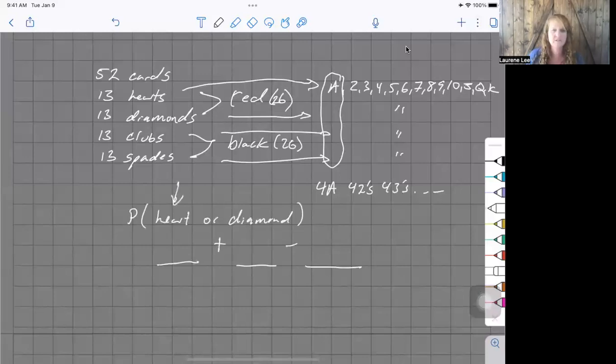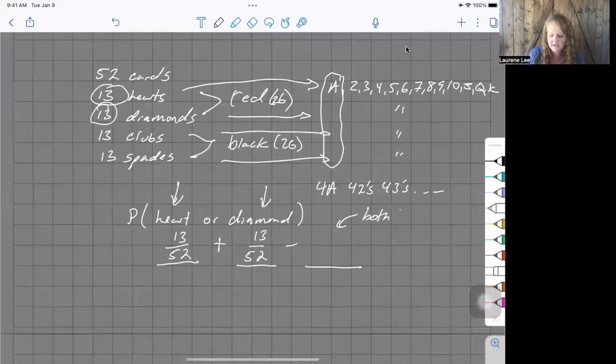What's the probability that I draw a heart? Well, let's see, there's 13 hearts. So I've got 13 out of 52. What's the probability that I draw a diamond? Well, that's also 13 out of 52. And then, instead of saying overlap, let's say it's both.